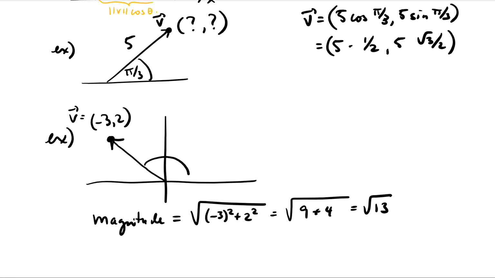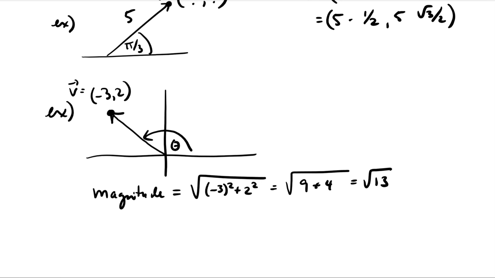And let's say this is the angle. What's theta here? Well, if I look at this triangle, the supplementary angle to theta is phi, or in other words, this is just pi minus theta. And the legs of the triangle are 3 and 2.